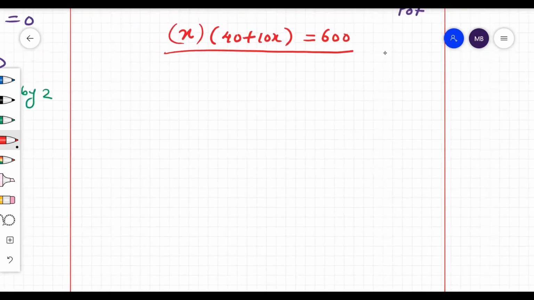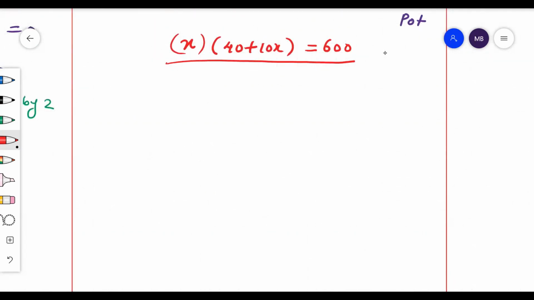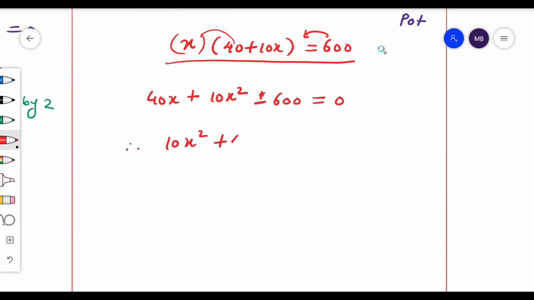Now let us form the quadratic. 40 into x will be 40x, plus 10x square. I'll bring the 600 over here, so this would be minus 600 equal to 0. Therefore, 10x square plus 40x minus 600 equal to 0.